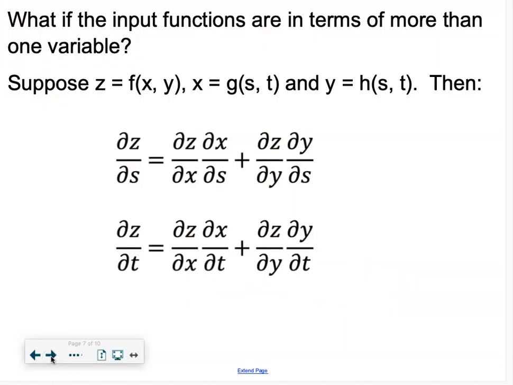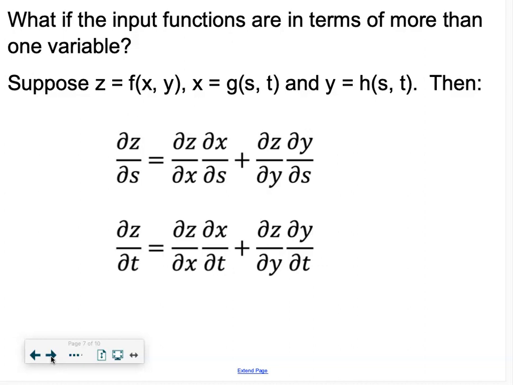Okay. All right. What if your input functions have more than one variable? Suppose that z is some function in terms of x and y, but x is some function in terms of s and t, and y is some function in terms of s and t. Then you're going to have partials for your rates for z: a partial z partial s and a partial z partial t.